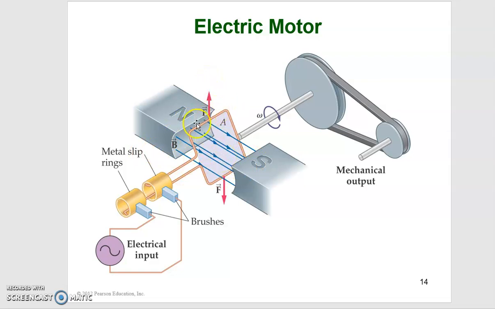So the direction on this end of the coil is from this end to this end. On this side of the coil, the current will be from this end to this end, such that it will produce a downward force. Now these two forces will not balance each other. Instead, they will produce a torque. That's the reason they start to rotate. So now, in the future, you will have a better understanding of how the motor was designed.